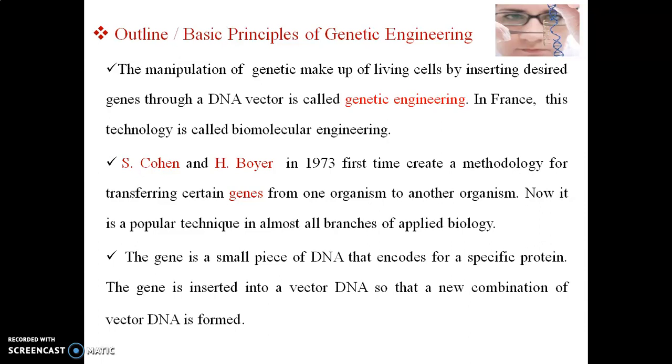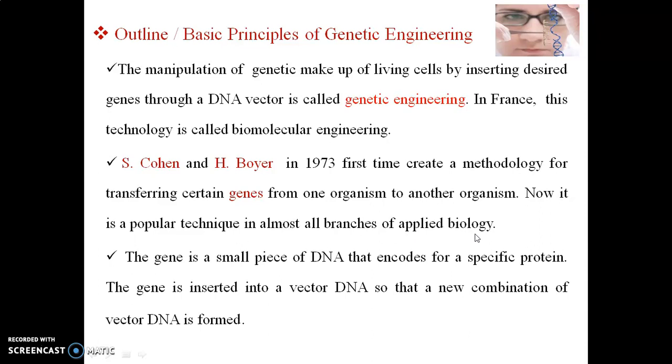Scientists Cohen and Boyer in 1973 were the first to create a methodology for transferring certain genes from one organism to another organism. Now it is a popular technique in almost all branches of applied biology.